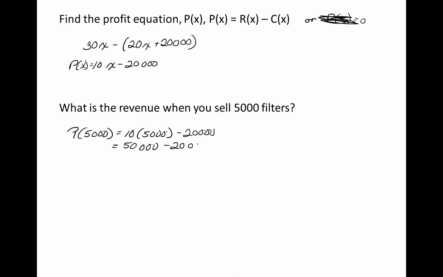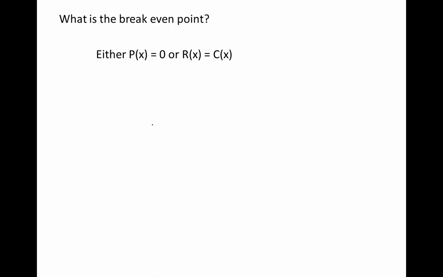So how much do you have to produce and sell before you actually start making some money? So it's the profit function, 10x minus 20,000. You want to set that equal to 0 and solve for x. When you do that, you move 20,000 to the right-hand side and divide by 10, and you get the break-even point is 2,000 units.